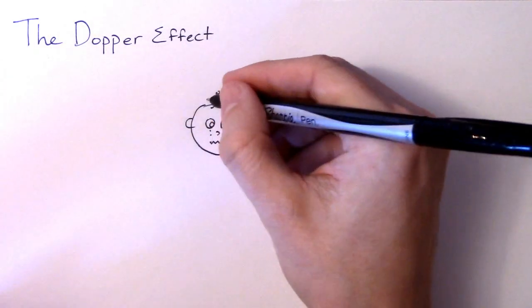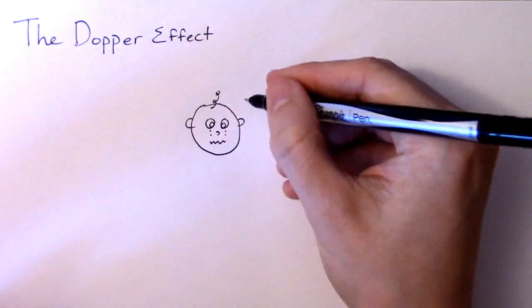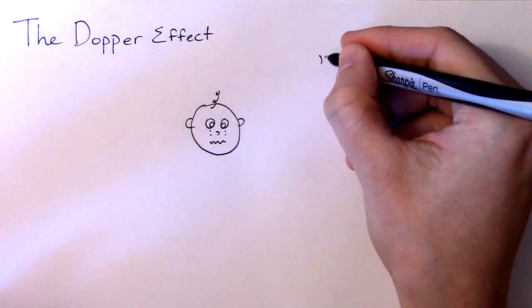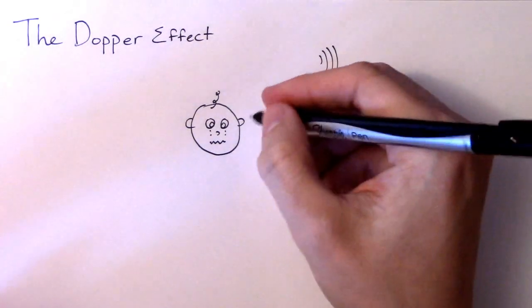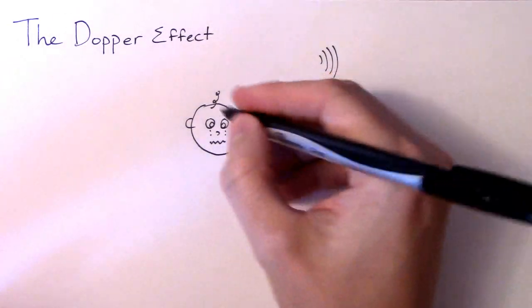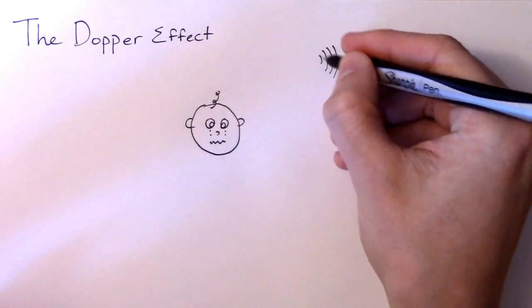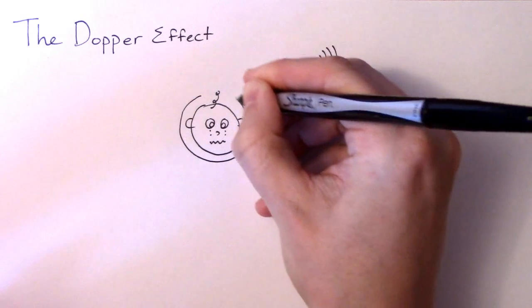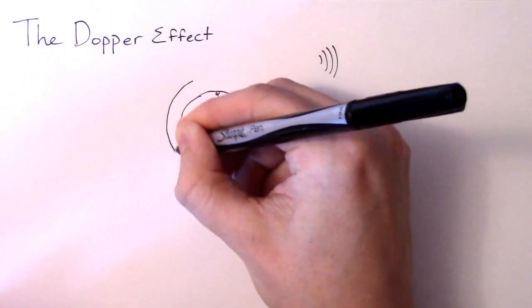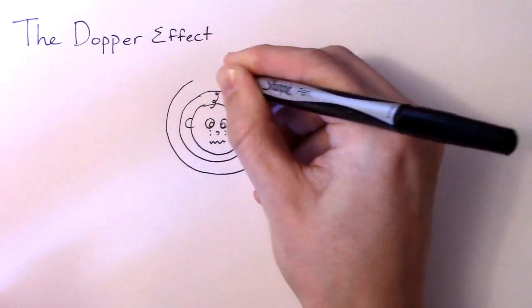We all kind of know the sound waves look like this. I'm going to draw that as if these were complete circles, and you can picture it going around the baby's head as he's screaming his head off. These are circles of sound waves.